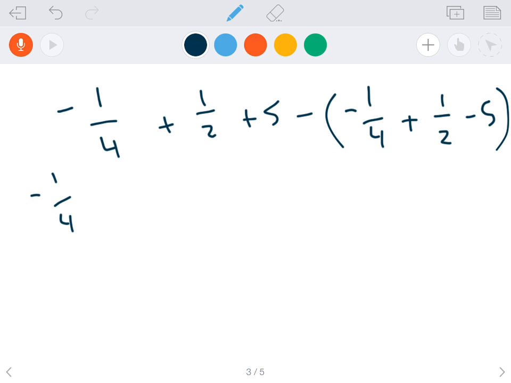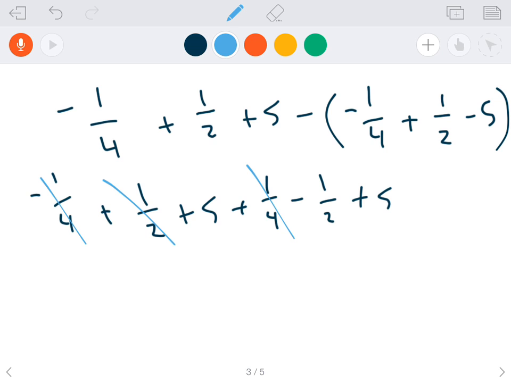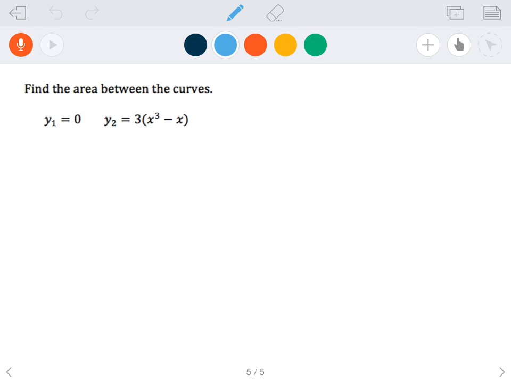I've got negative 1/4 plus 1/2 plus 5. That becomes plus 1/4 minus 1/2 and plus 5. And that's worked out nicely. 1/4 cancel out, 1/2 cancel out, and I've got 5 plus 5 gives me a final answer of 10. Not too bad. Let's look at the next one.